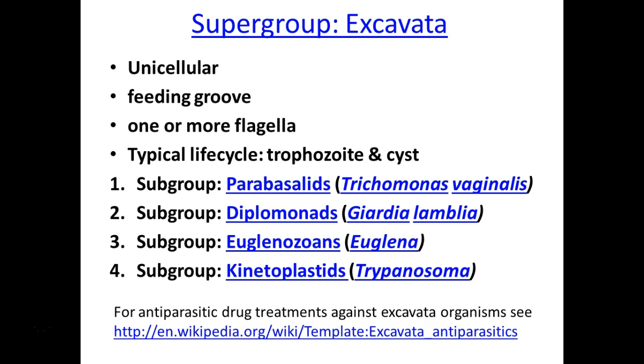They all have a feeding groove. They have 1 or more flagella, and we've got some really good slides where you guys will actually be able to see the flagella for the Trichomonas. Some of them have a life cycle where they're trophozoite and a cyst. Does anybody know what the cyst is?